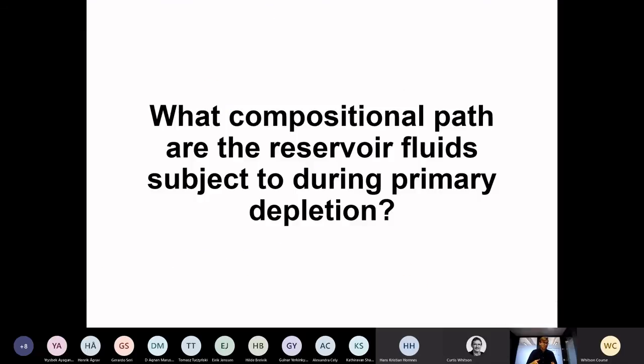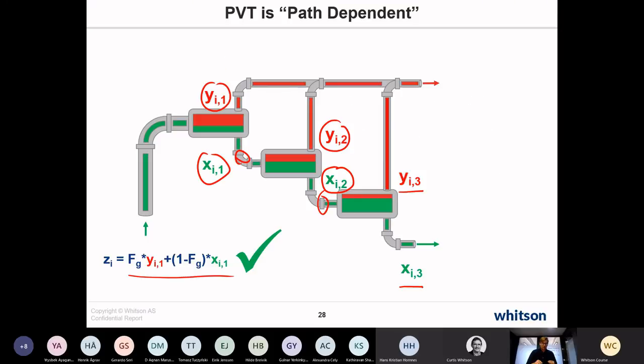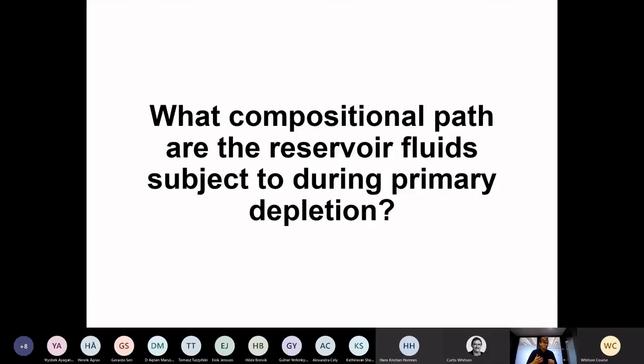So we need to ask ourselves, okay, now we talked about a surface process here, but what we are dealing with is reservoir fluids. So we need to ask ourselves what is the compositional path that the reservoir fluids are subject to during primary depletion.